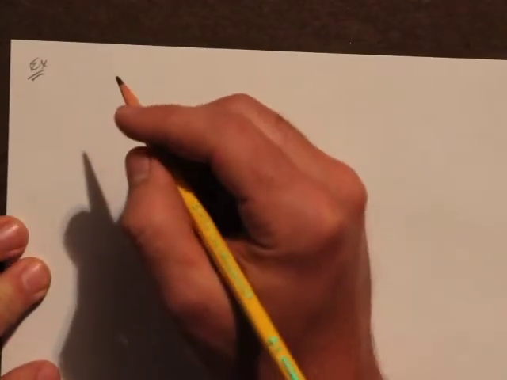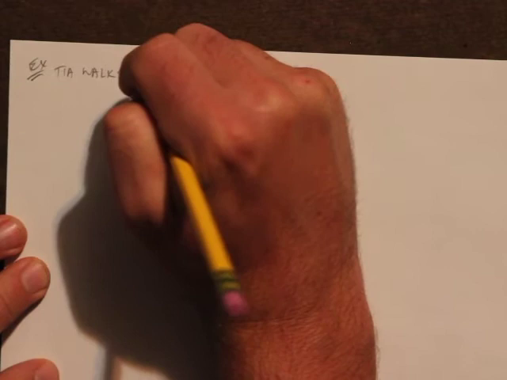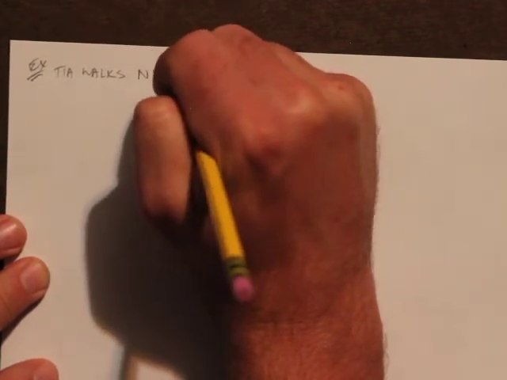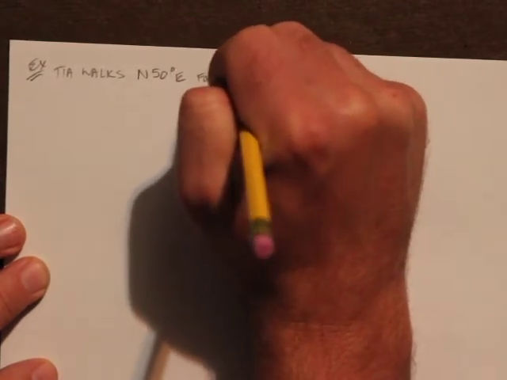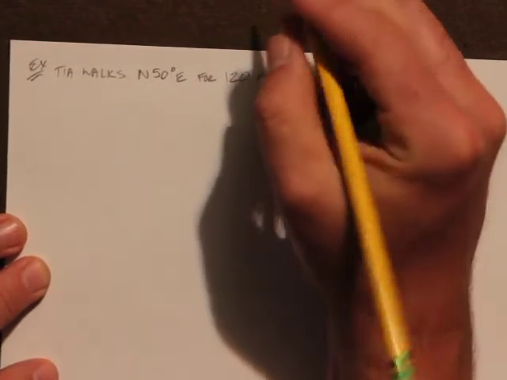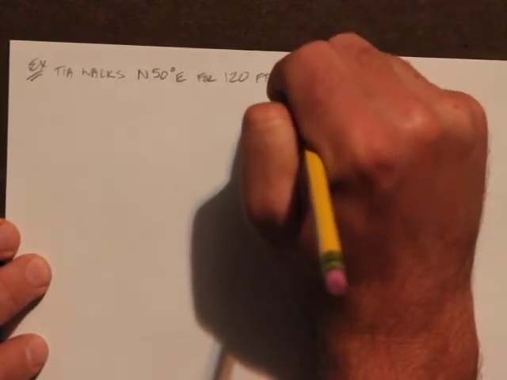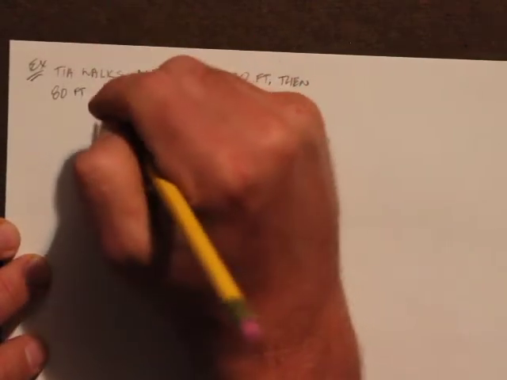Tia walks north 50 degrees east for 120 feet. Then 80 feet due east.